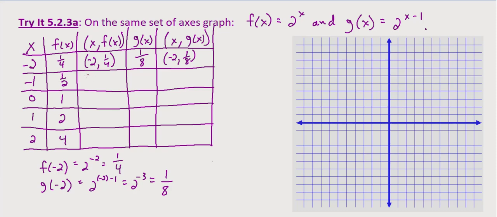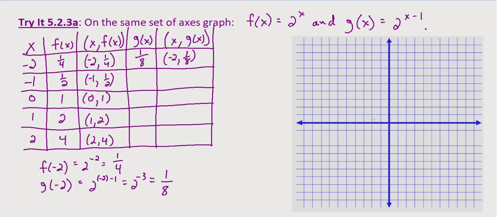That's going to give us the points negative 1, 1/2, 0, 1, 1, 2, and 2, 4. So we'll go ahead and graph f of x by plotting these points.